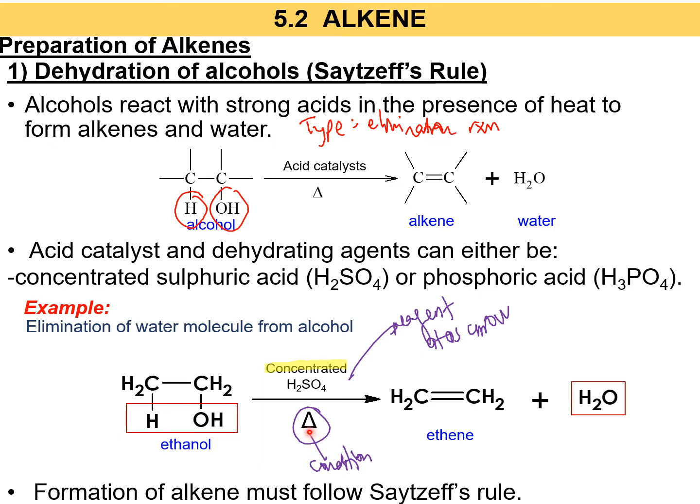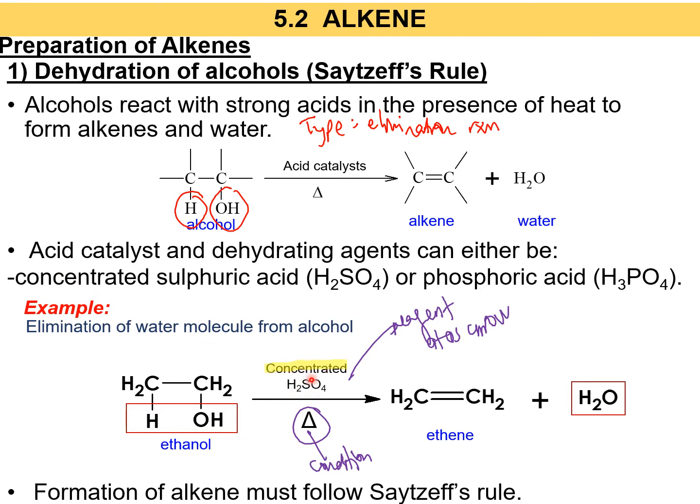Okay. You can see here, for example, this is the dehydration of alcohol jenis ethanol. Ethanol ni et, maksudnya ada dua carbon atoms. And then dekat carbon atom yang cumanya kat sini, bila daripada ethanol you nak tukar jadi ethane, you have to undergo elimination reaction lah, di mana kita akan gunakan reagent concentrated acid H2SO4.